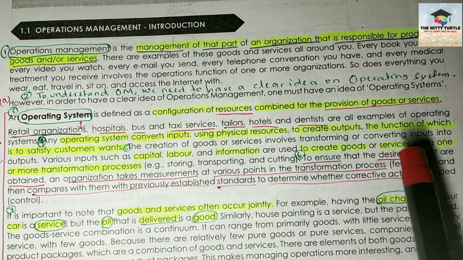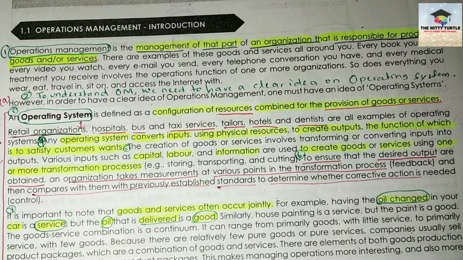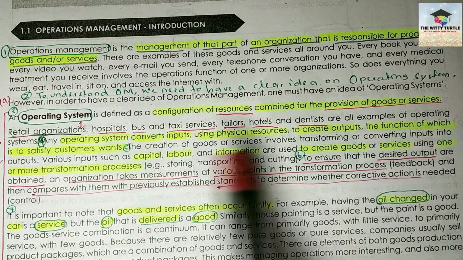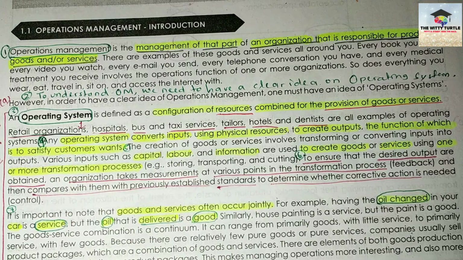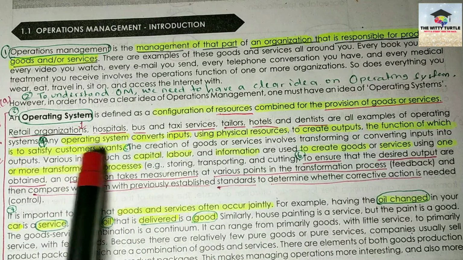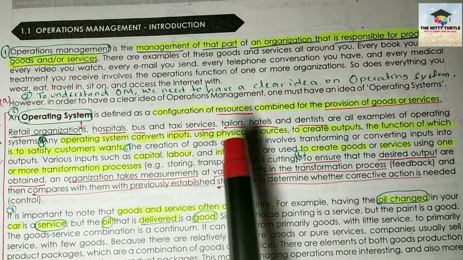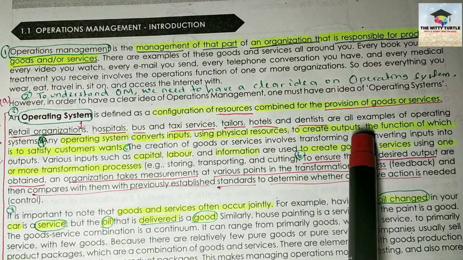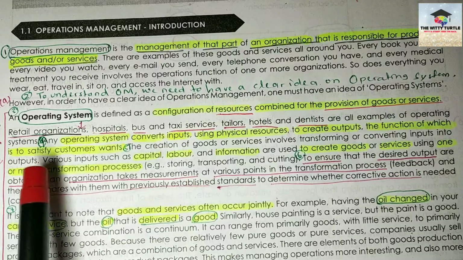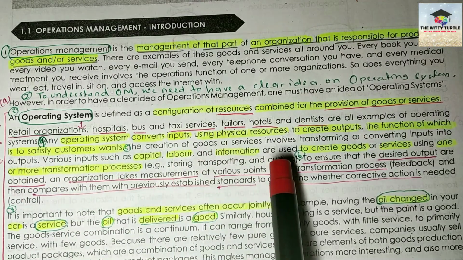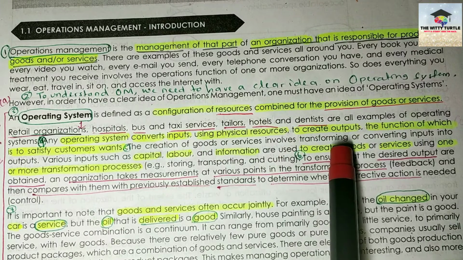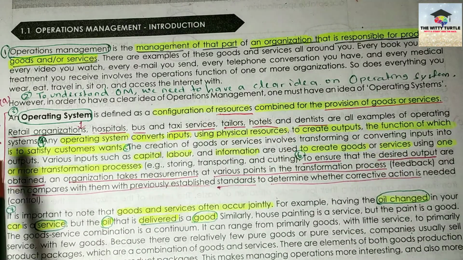And why am I creating this video? Because this video is satisfying your demands, your needs and wants, right? So any operating system converts inputs using physical resources to create outputs, the function of which is to satisfy customers' wants. The creation of goods or services involves transforming or converting inputs into outputs, right?